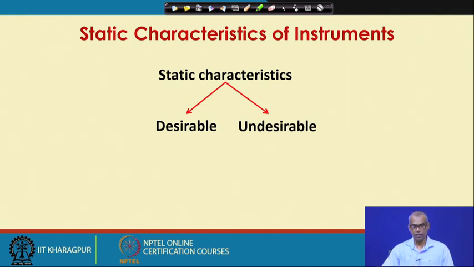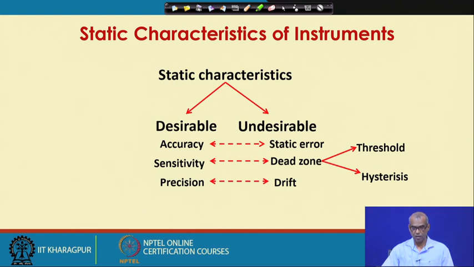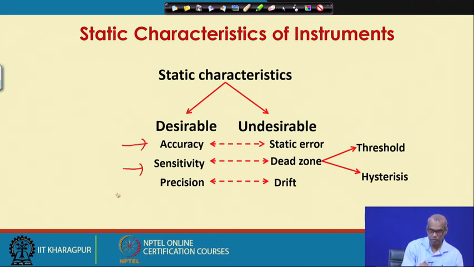Broadly, static characteristics can be divided into two categories, a set of desirable characteristics and a set of undesirable characteristics. So, these are examples: accuracy, sensitivity, precision. These are all desirable static characteristics. It is obvious that we want our instrument to be accurate, to be sensitive and to be precise.